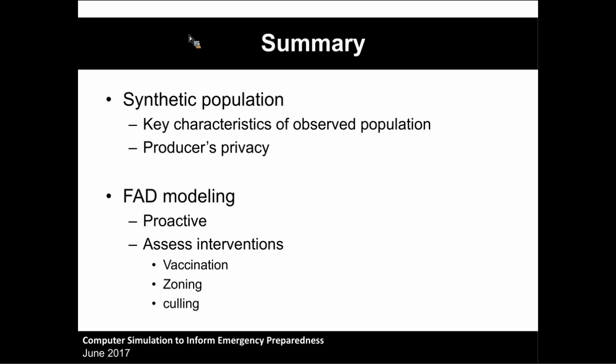For the foreign animal disease modeling, we are trying to be proactive and assess the interventions: vaccination, zoning, and culling. Many of you might know that OIE has come up with some changes to their regulation regarding zoning.